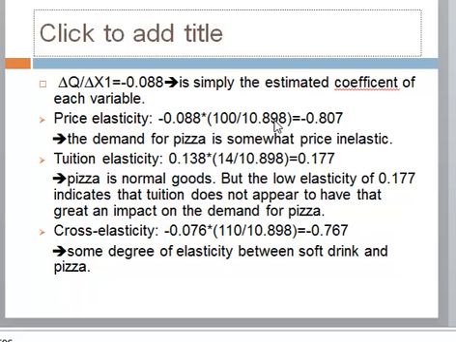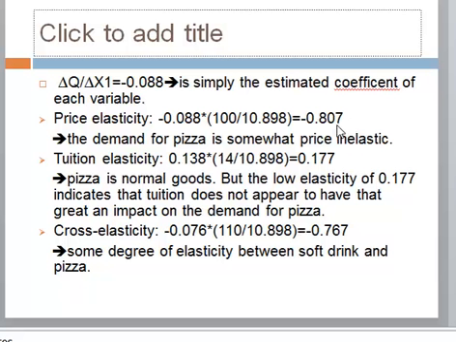So solving this for the price elasticity gives us minus 0.807. Once we get this elasticity, we have to explain it. So demand for pizza is somewhat price inelastic because the absolute value of minus 0.807 is less than 1.